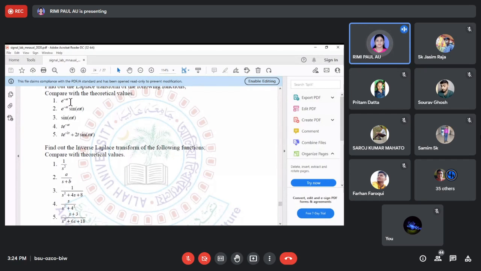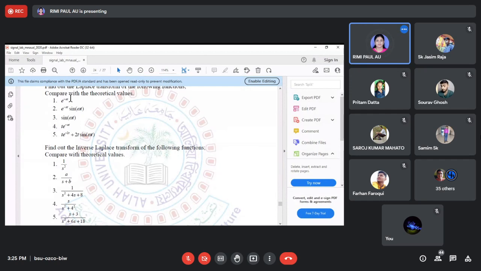For those students who cannot understand Bengali, you have to write the theoretical as well as the practical solution for this problem. The first problem is e to the power minus 80. You will write the MATLAB program and get the MATLAB program output. This is your practical solution.